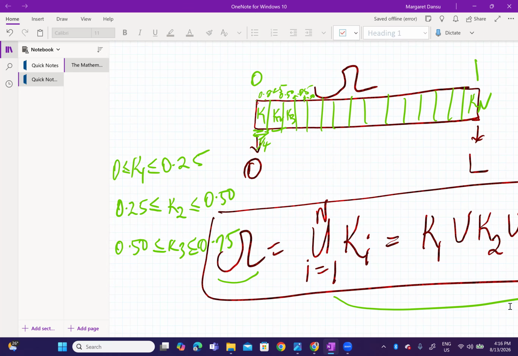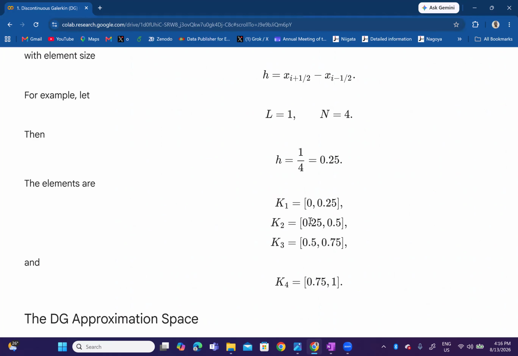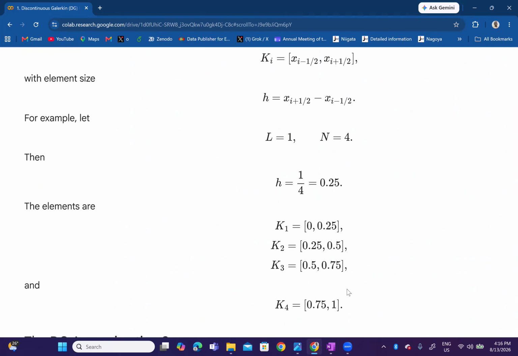K4 is the last one because we have four divisions, so K4 is from 0.75 to 1. So that's a simple way to explain that.